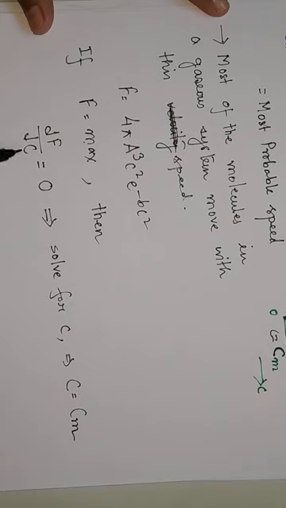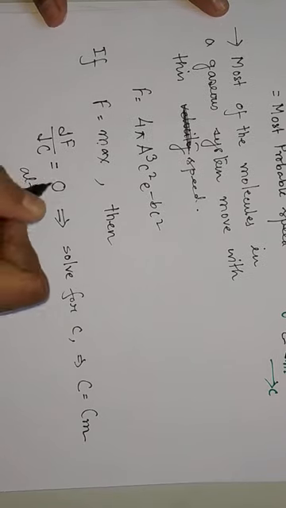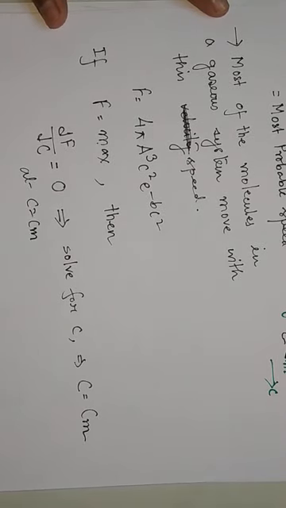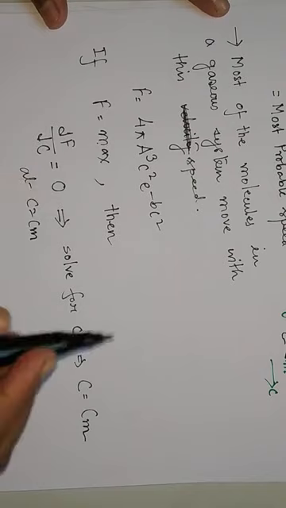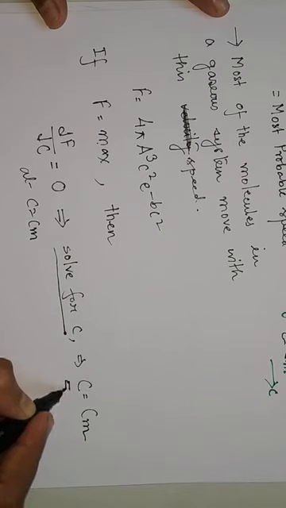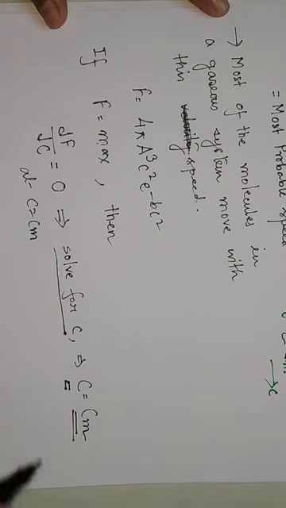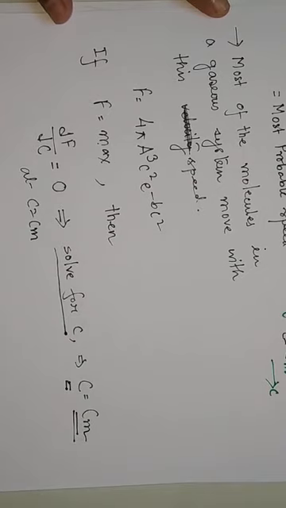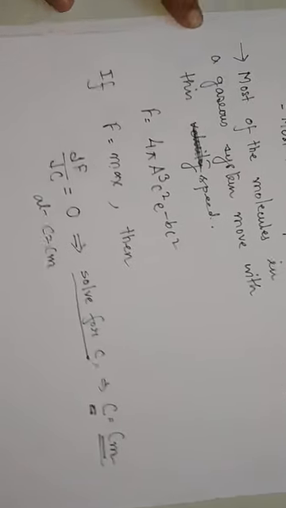Here the variable is c, that's why df dc is equal to 0 at c equals cm. If we make df dc equal to 0, we will get an equation, and if we solve this equation for c, we will find the value of the most probable speed.